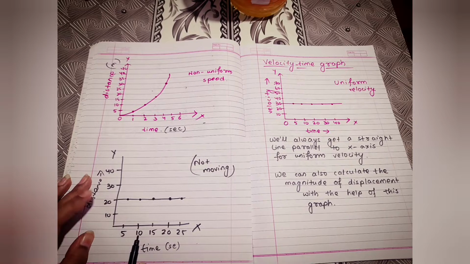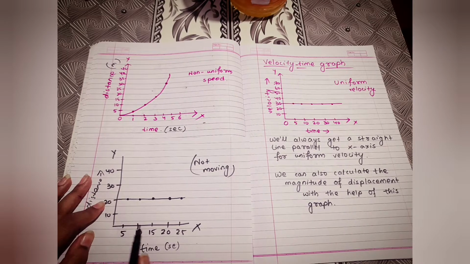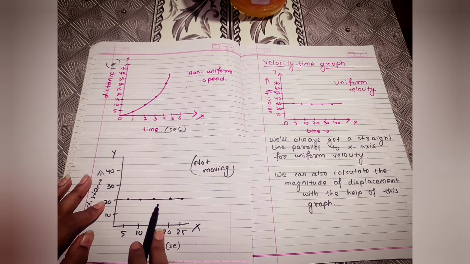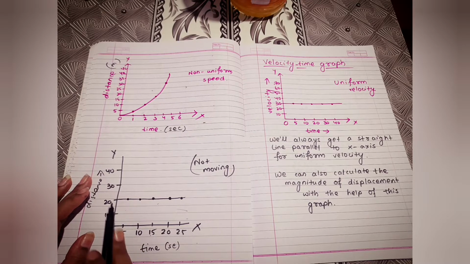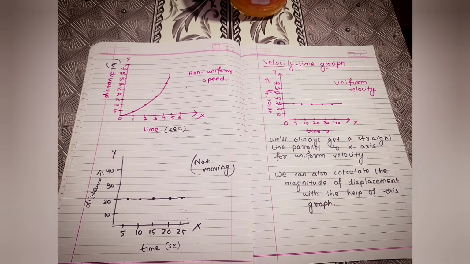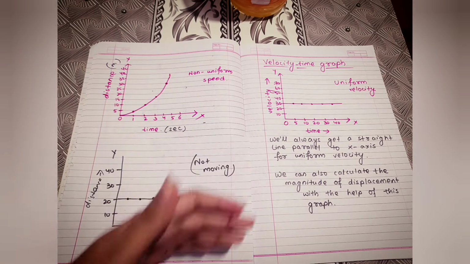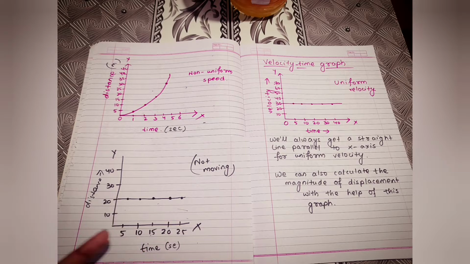In 10 seconds the object is at 20 meters. At 15 seconds the object is at 20 meters, and so on. So we can see that every 5 seconds, the object is at 20 meters. That means the object is not moving, the object is stationary. So this is a graph where the line is parallel to the x-axis. That means the object is not moving.